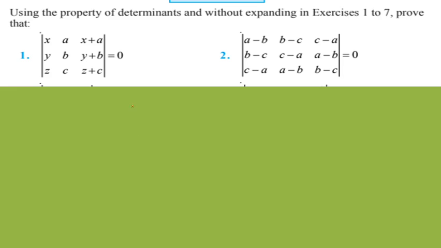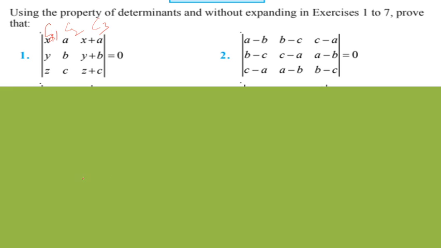The question number 1, using the properties of determinant without expanding, you need not expand it. See the question number 1, I will try to edit here. This is your column 1, this is your column 2, and column 3.